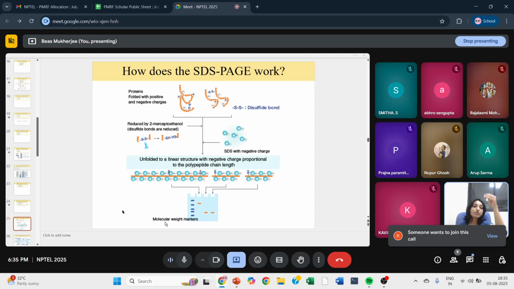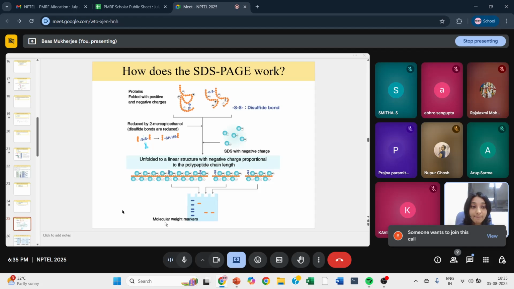Now the proteins will migrate on the gel. They will move towards the positively charged electrode, and based on the mass difference, we will be able to say which protein is heavier and which protein is lighter. And then we run a ladder of known molecular weights, and this is how we can know about the mass of a particular protein. Right.